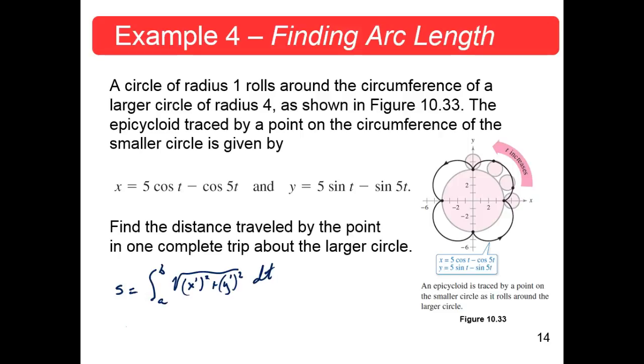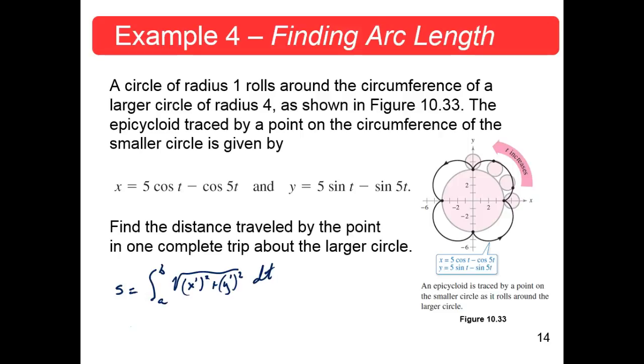What is the value here? 4, 0, right? 4 for x, 0 for y. Your x is 5 cosine t minus cosine 5t. Well, it seems like that would be a good place to have t equals 0. So let's see if that works. What is cosine of 0? 1.